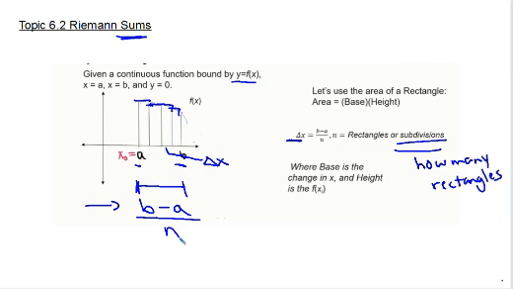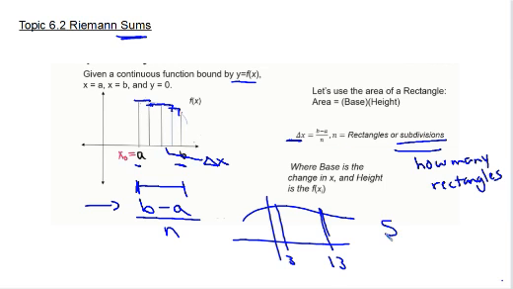All right, so for example, if I was going from 3 to, let's say, 13, and I wanted 5 subintervals, for example. Well, that means 5 rectangles. All right?